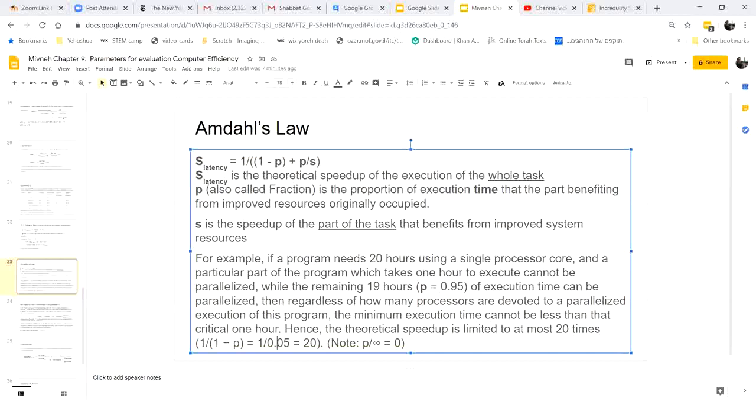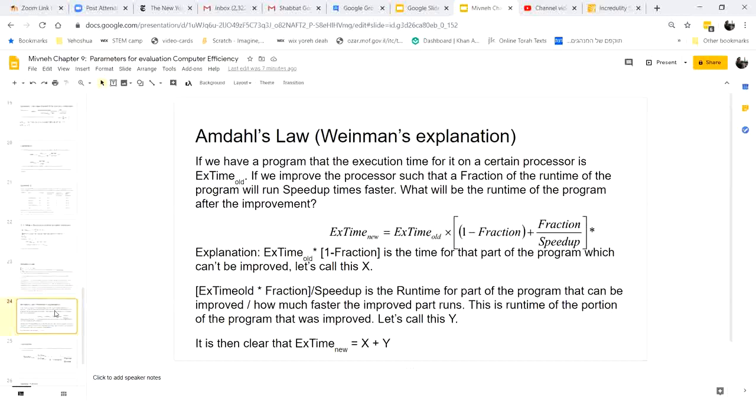Now, in the book, Weinman came to this equation in 2 steps. And I'll show you. I'm just going to explain it again now, in a slightly different way.